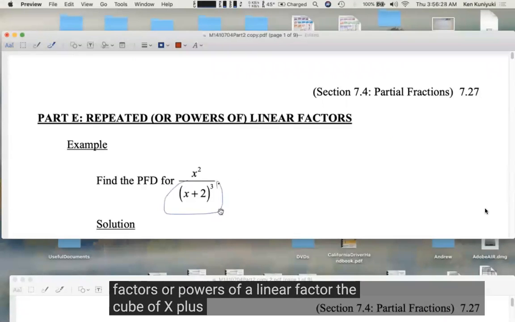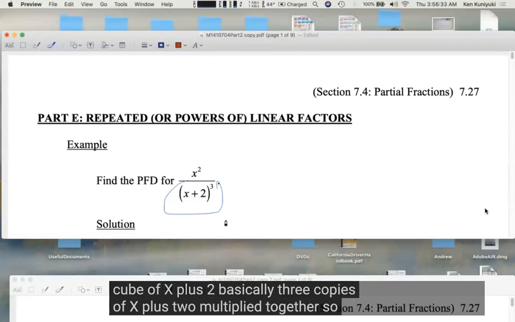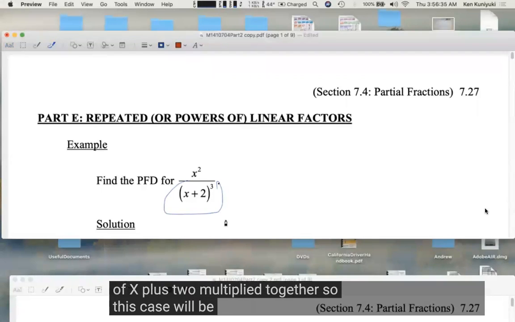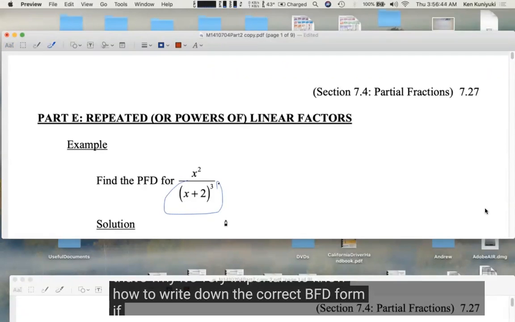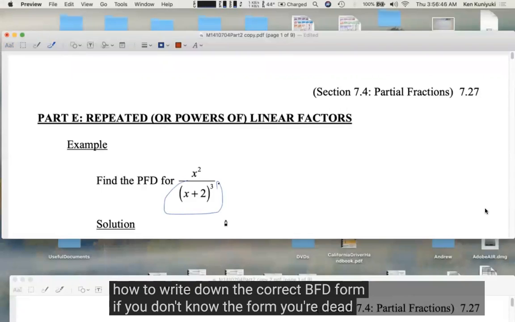The cube of x plus 2, basically 3 copies of x plus 2 multiplied together. So this case will be a bit more complicated, and the form will be a bit trickier. That's why it's very important to know how to write down the correct PFD form. If you don't know the form, you're dead.